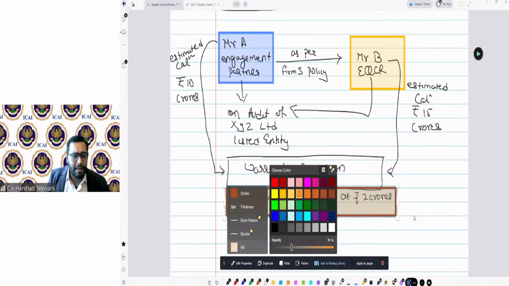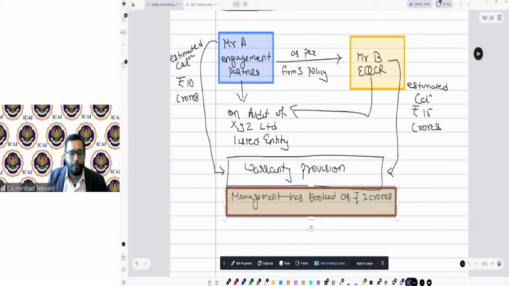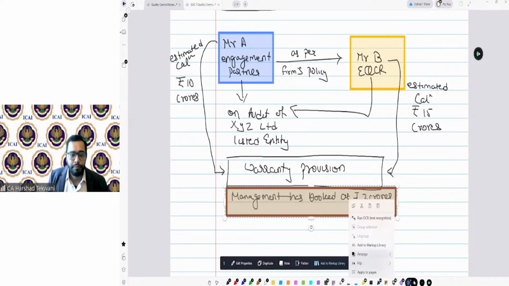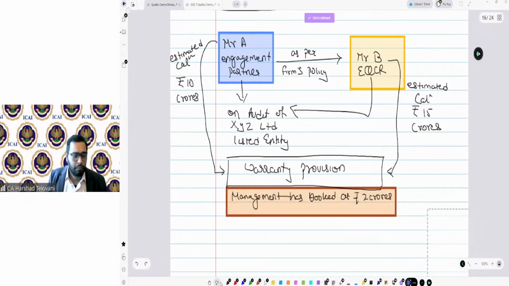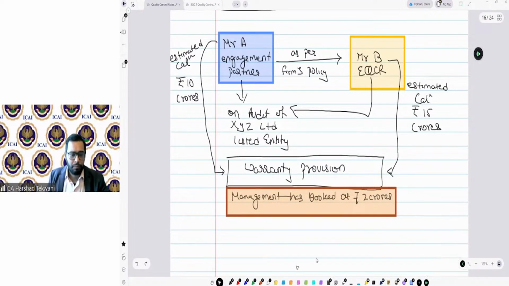Now, what should be done in this particular scenario when you identify there is a difference of opinion? What will you do in this whole scenario?